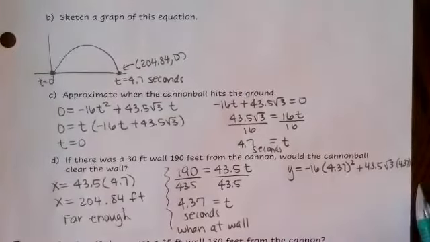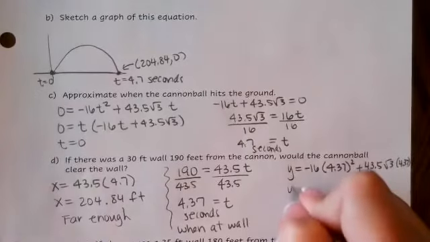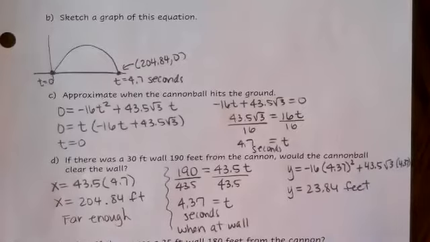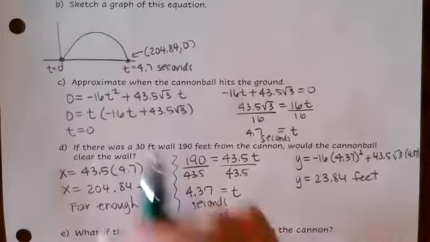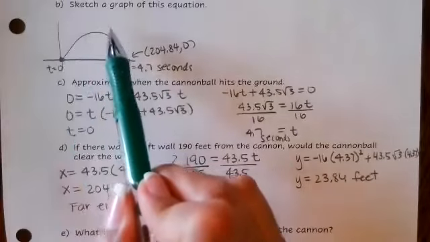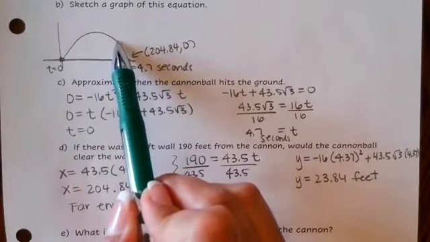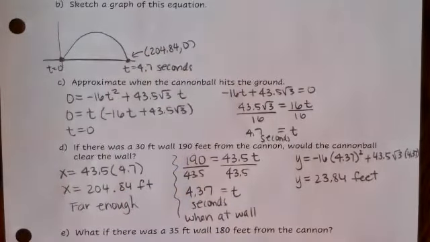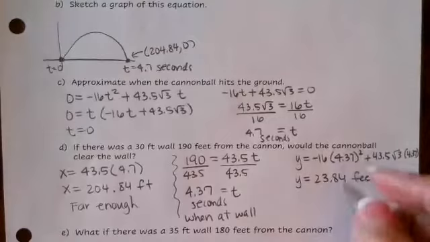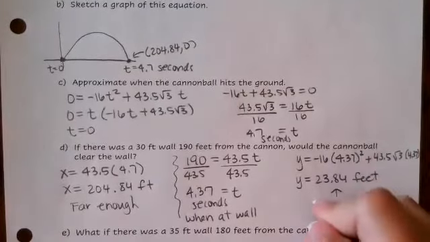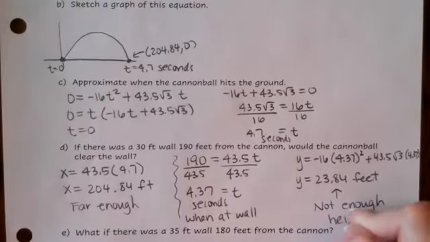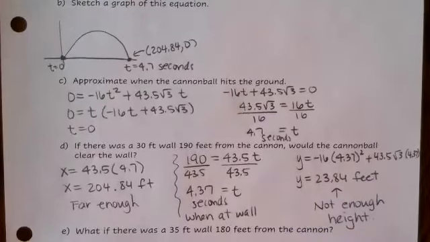All of this is just computation, so we can put that into the calculator and we get y is equal to 23.84 feet. That means when the cannonball was shot from the ground here and it went to 190, that height there was 23.84. Well, the wall is 30 feet, so it was unable to clear that. There's not enough height on the cannonball at that time. So the cannonball would not go over that wall.